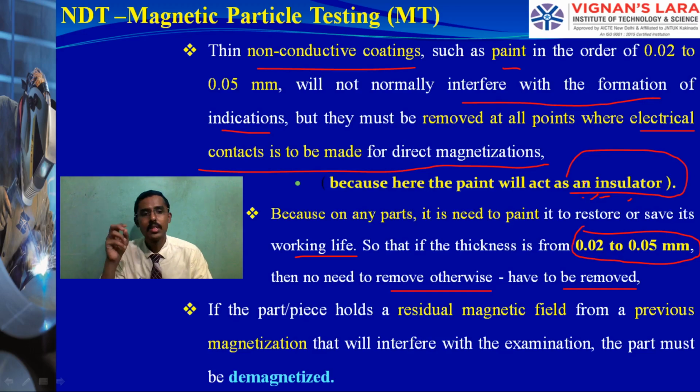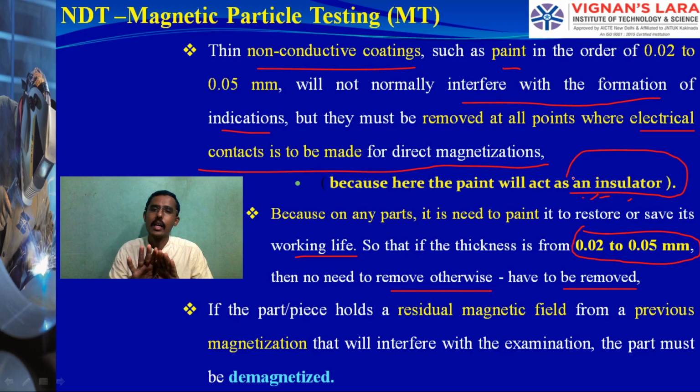If it is over 0.06 or 0.1, then we definitely should remove it. Paint is a non-conducting material. If it is of less thickness, it is going to permit the passage of magnetizing. If it is not greater than 0.05 mm, it is not going to act as an insulator. According to the limits, we have to remove those paints.